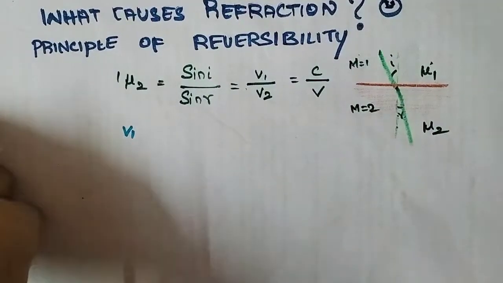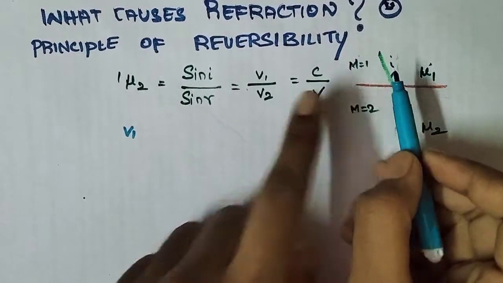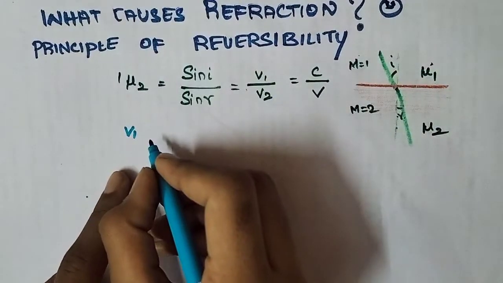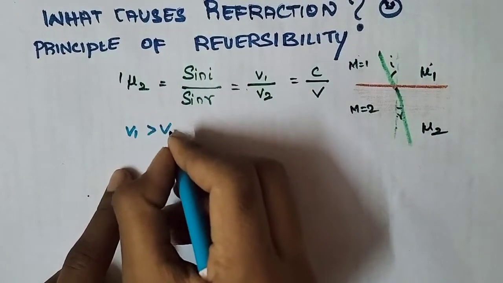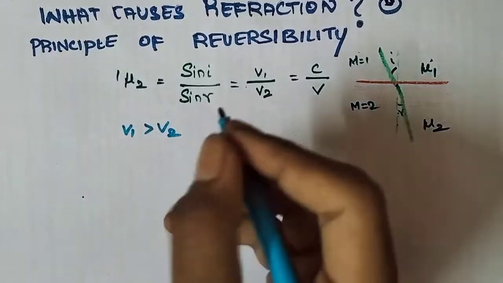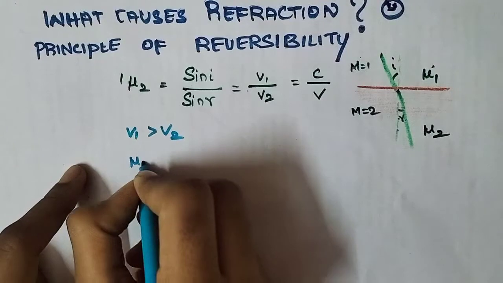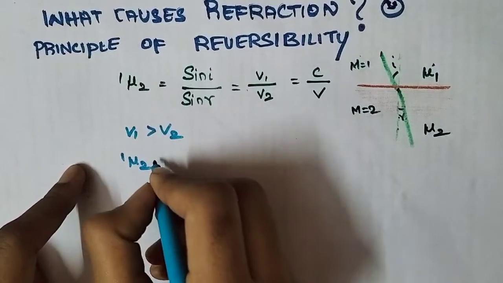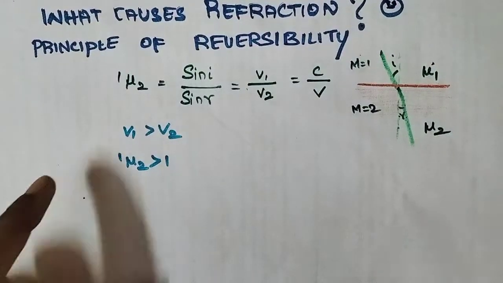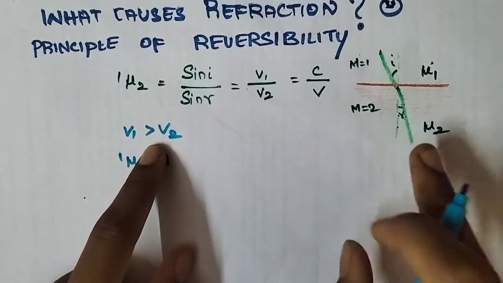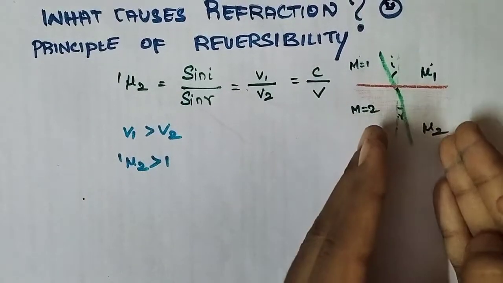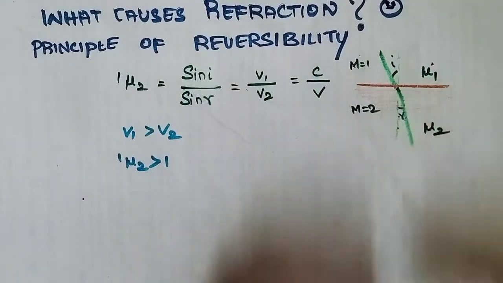Okay, now if the speed of light in medium 1, V1, is greater than V2, then we will know that the refractive index of 2 will be greater than 1. Sure, because the speed reduces. If the speed reduces only, it comes close to the normal.